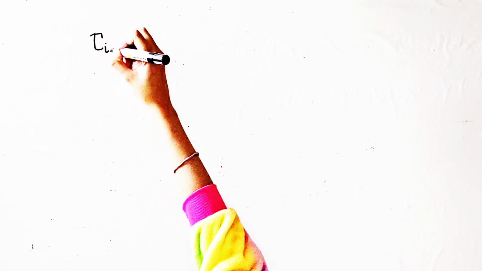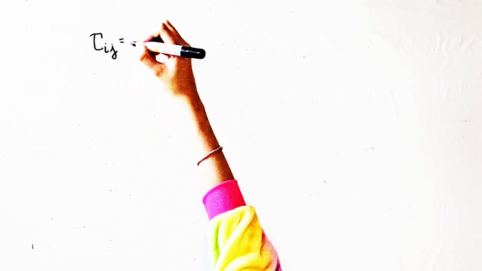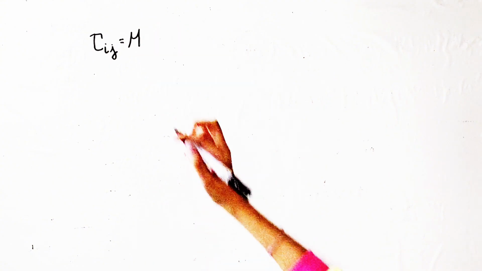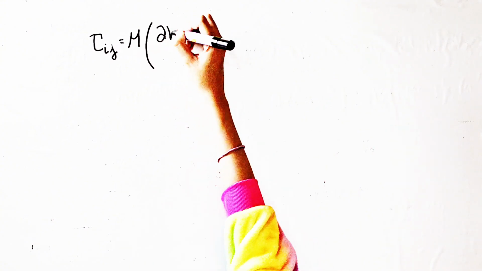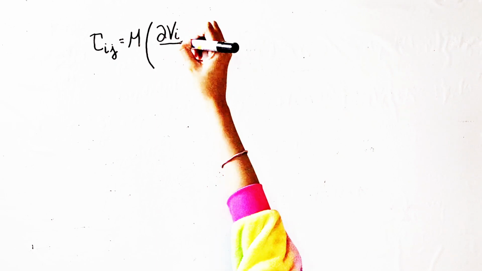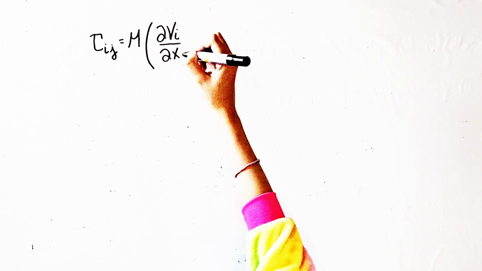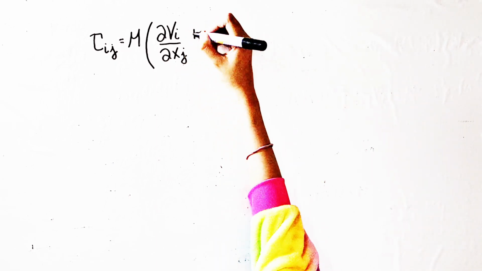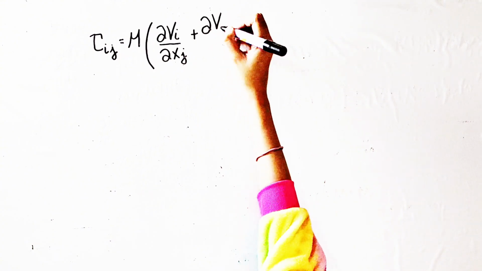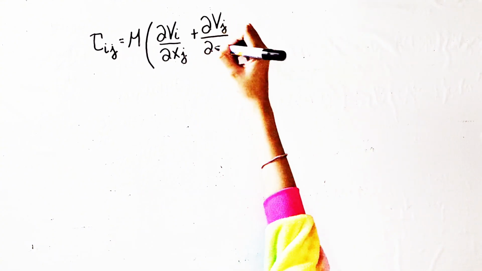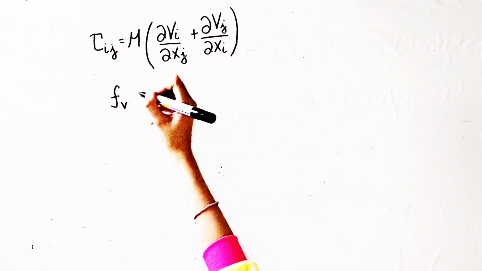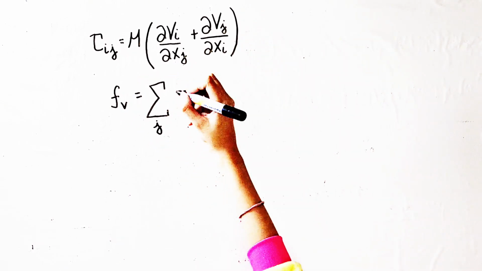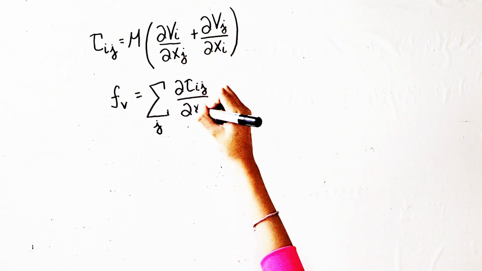So we know that for a Newtonian fluid that has a constant viscosity mu, the shear stress component acting in the i direction on a surface perpendicular to xj is given by tau ij equals the constant viscosity mu multiplied by the quantity of the partial of vi with respect to xj plus the partial of vj with respect to xi. And you can get the force per unit volume from viscosity with the divergence of the viscous stress tensor, which is given as such.